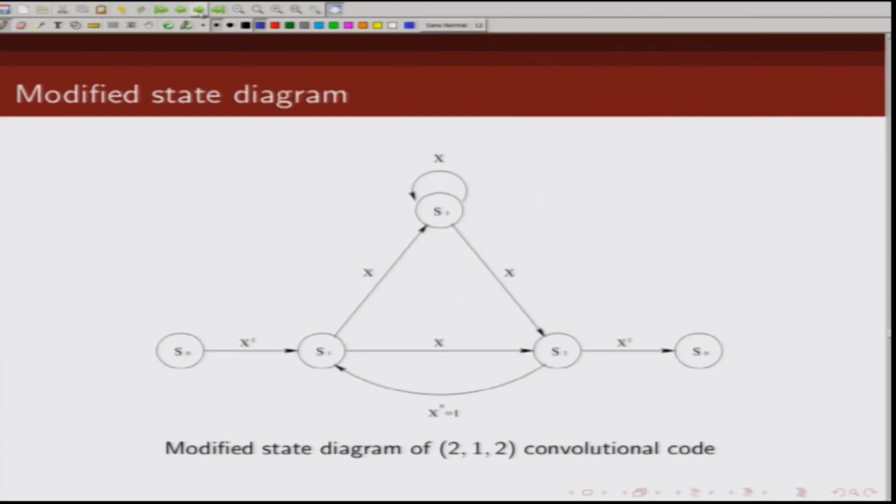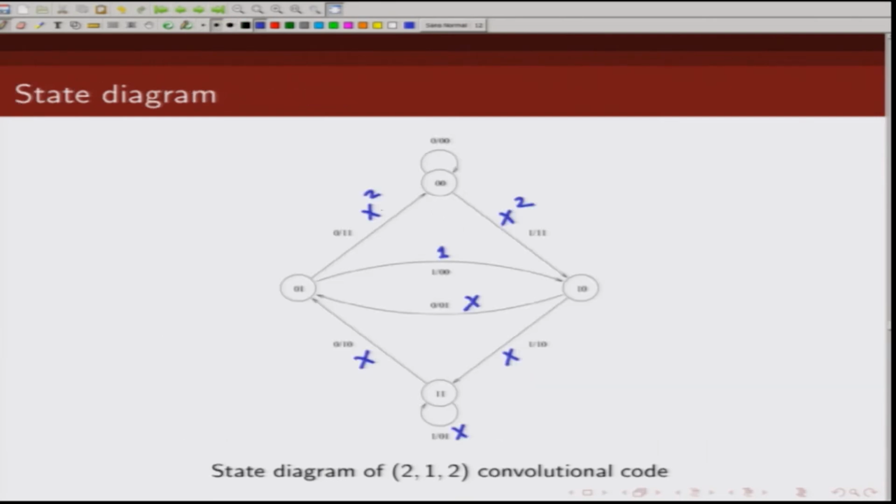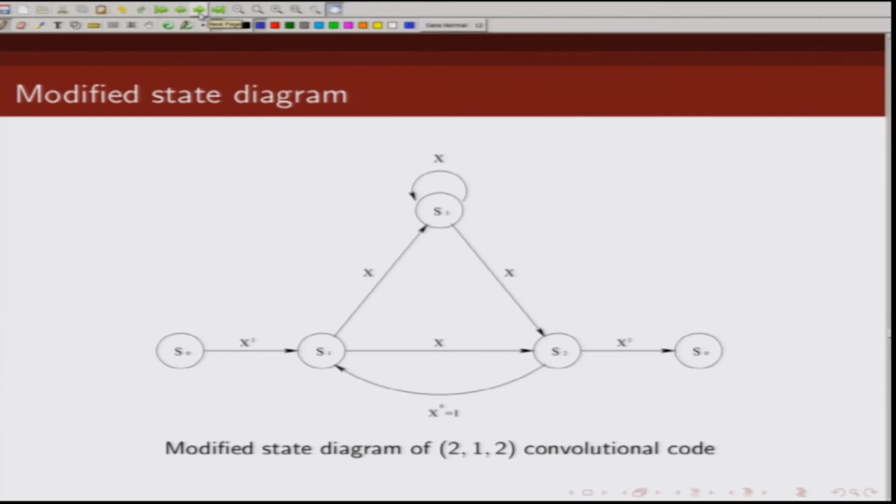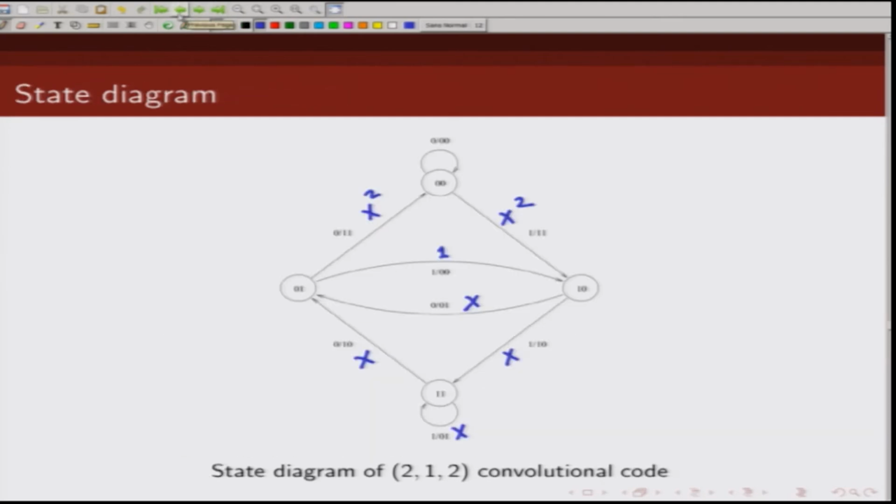If you go back, this is how my modified state diagram will look. I have these states here, and I split this all 0 state into 2 states, initial state and final state. Next, I redrew the same diagram, but labeled each transition by the weight of the output.